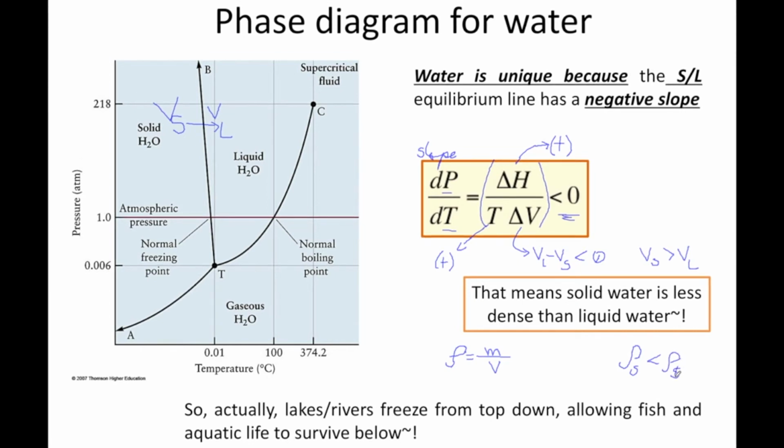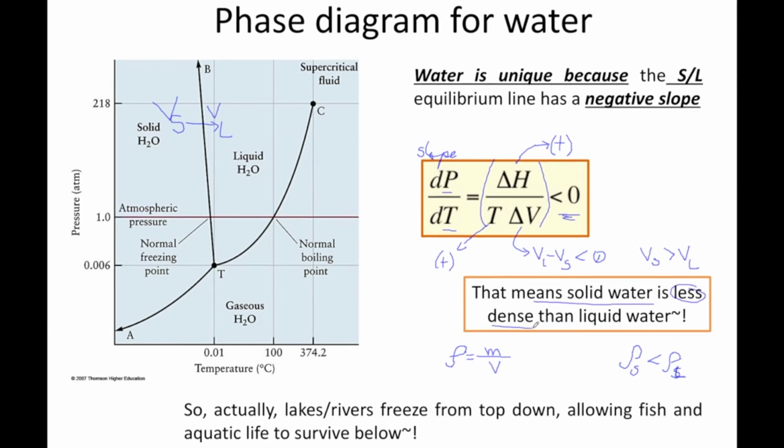The density of the solid and the density of the liquid. Now that means that solid water is less dense than liquid water, so that ice actually floats on the liquid water. It floats. We know that. We can get that information from this phase diagram.